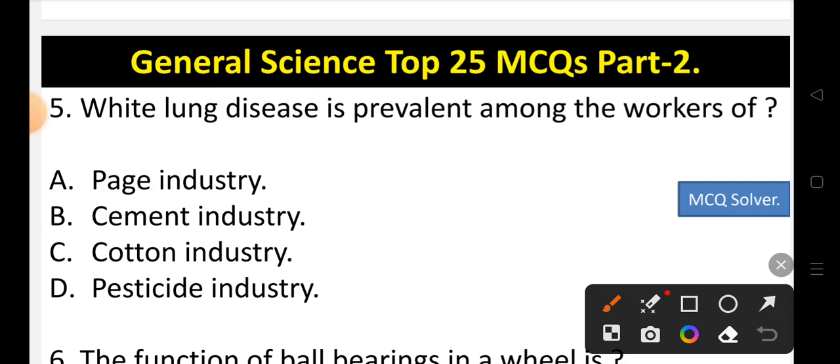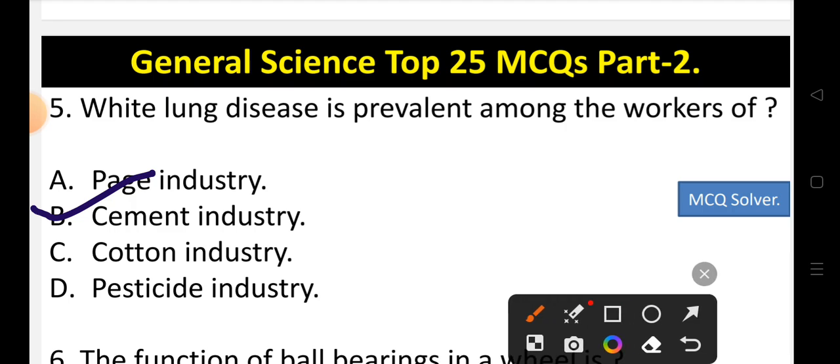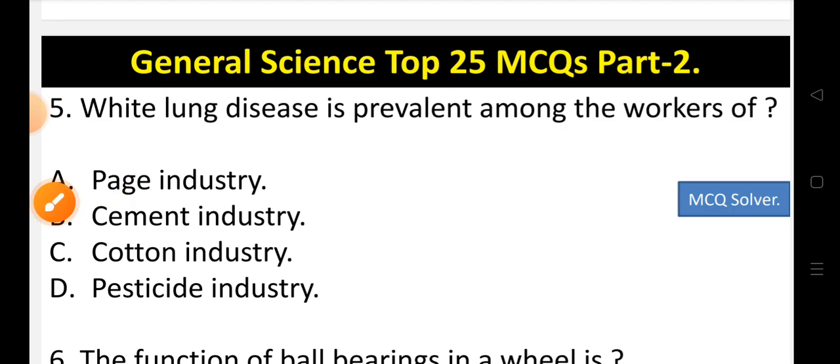So white lung disease is more common among the workers who are working in, the correct option is option number B, that is cement industry. So in the cement industry, usually the workers who work there are more prone to white lung disease. So B is the correct option.